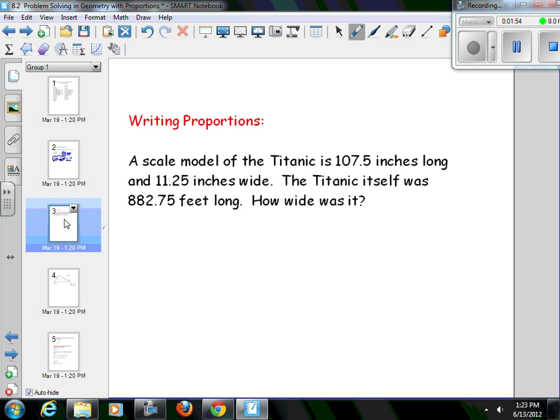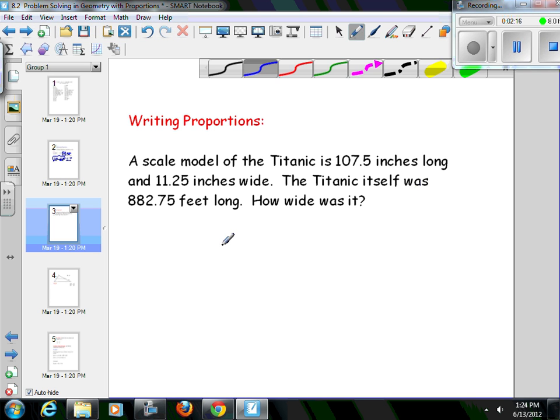Writing proportions. A scale model of the Titanic is 107.5 inches long and 11.25 inches wide. The Titanic itself was 882.75 feet long. How wide was it? Let's think about it.